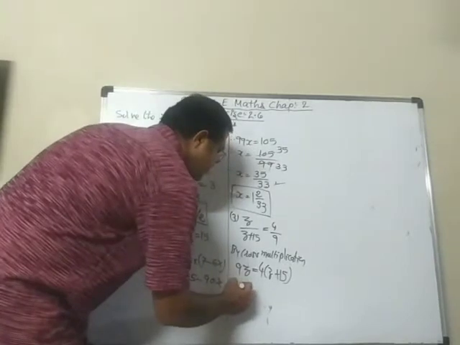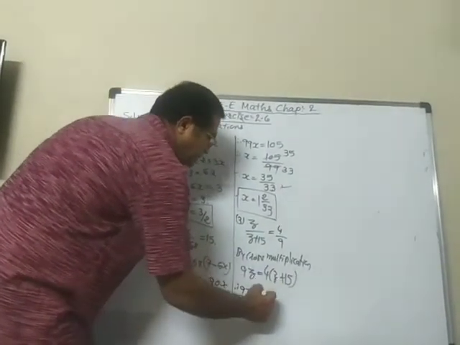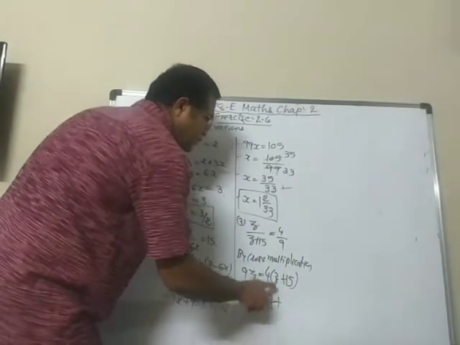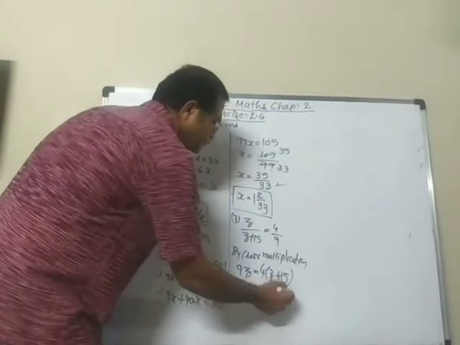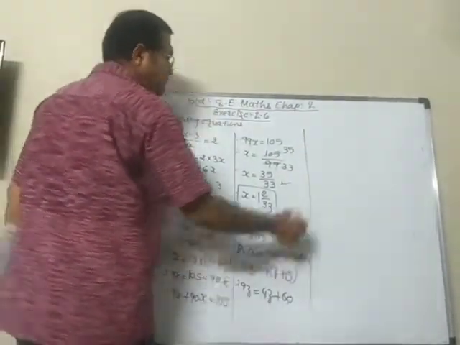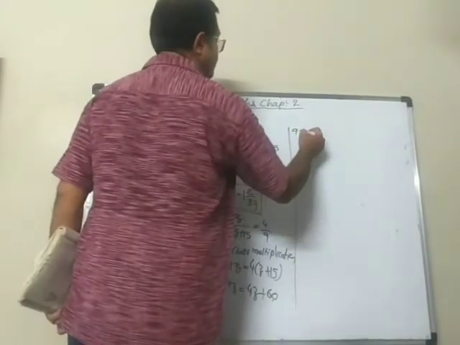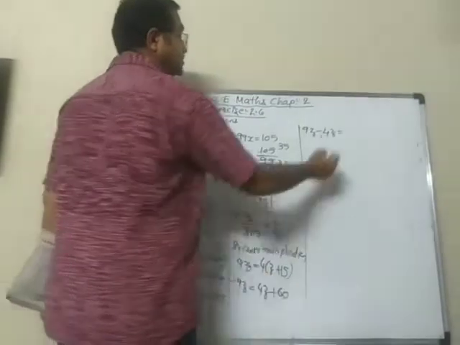Therefore, 9Z is equal to, now we open the bracket, 4 multiplied by Z is 4Z plus 15 4s are 60. So now we will do this side. 9Z minus 4Z is equal to 60.